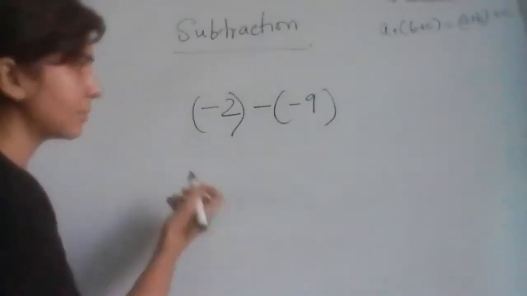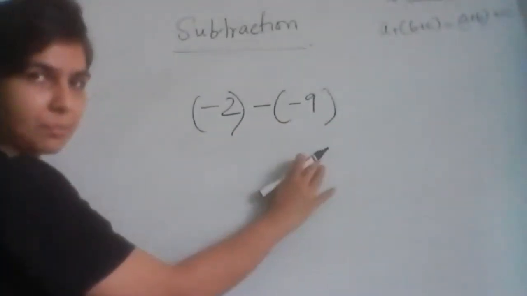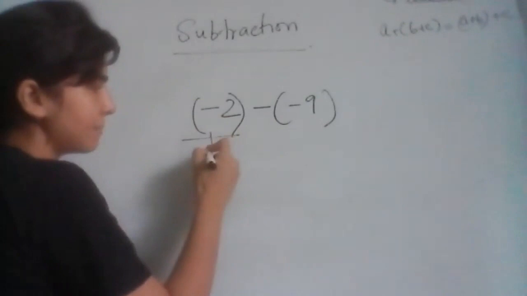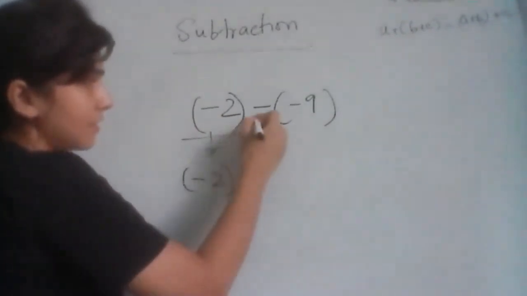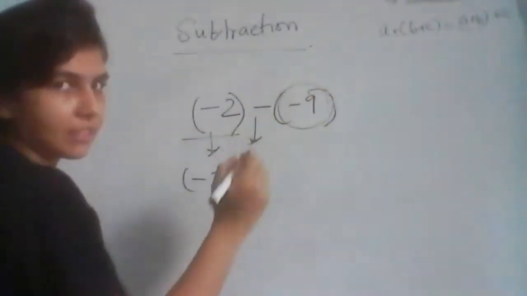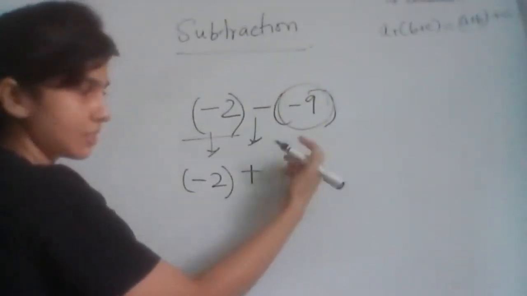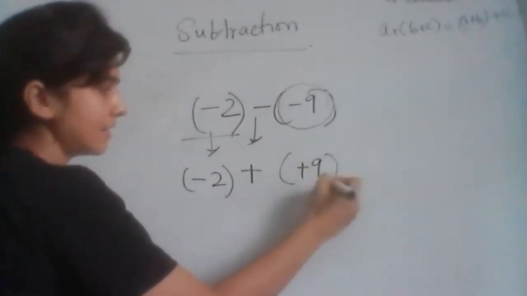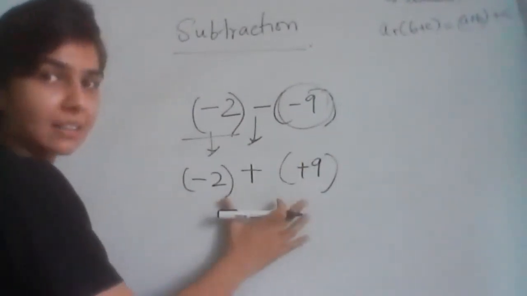We keep the first number as it is. We change the operator minus into plus. We take the additive inverse of minus 9. What is the additive inverse of minus 9? Plus 9. And then we add as we add integers.